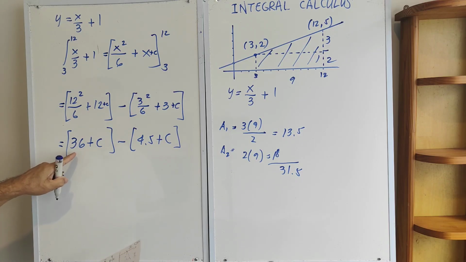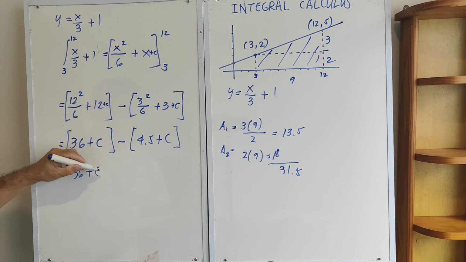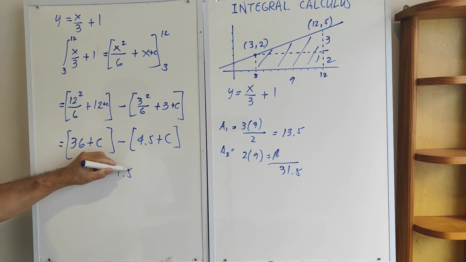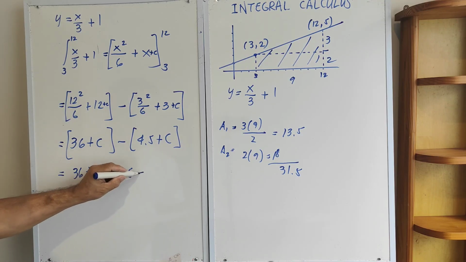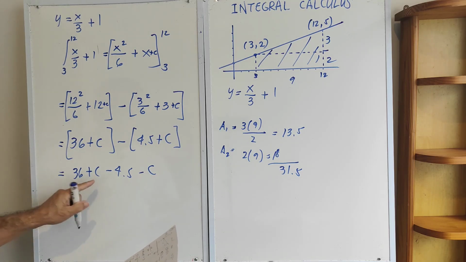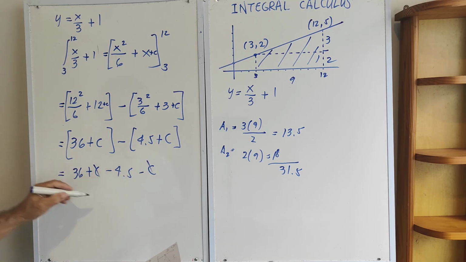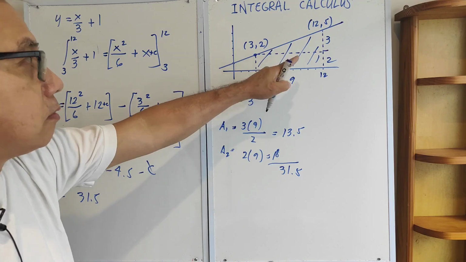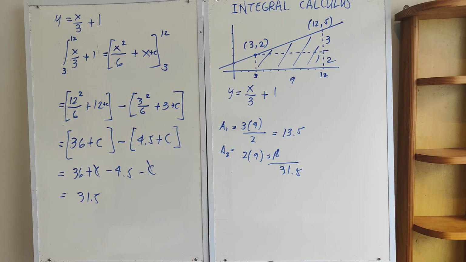So that would be 36 plus c minus 4.5 minus c. The plus c and minus c cancel out, so 36 minus 4.5 is 31.5, which is the same area as when we computed manually.